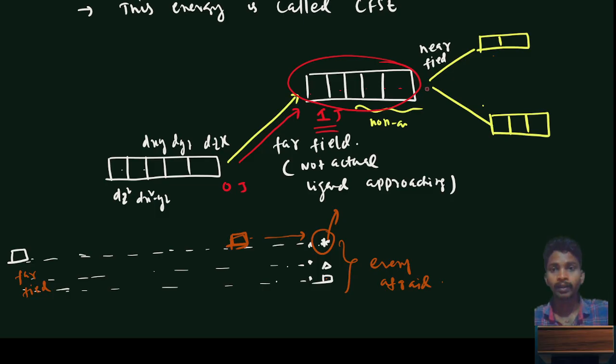But in the near field, when the ligand is coming only to the axial positions in the octahedral case, only these two get excited and the others should release their energy. So the 1 joule is needed only by the excited ones, the others release their energy, and this 1 joule is redistributed among them.